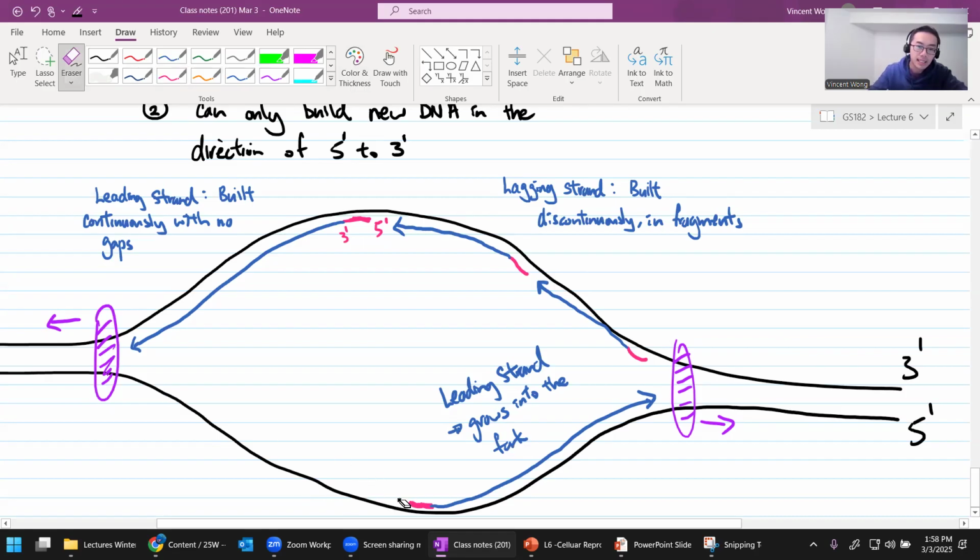But on this side, since the polymerase 3 cannot move backwards, you're going to need to have more primers and more primers. And every time you add a primer, you will need to build the DNA with the polymerase 3. And it's being built in fragments. So these are the lagging strand, which grows or builds, doesn't matter, grows away from the fork.